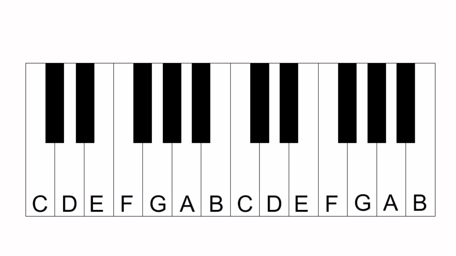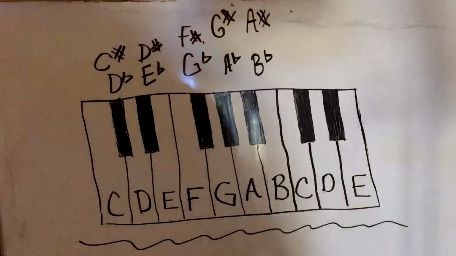Inversely, if you start at D and you slide down half a step to the black key on the left, you have D flat, and you might notice now that C sharp and D flat are the same note, and they're the same key. Yeah, they're the same. It's so cool.